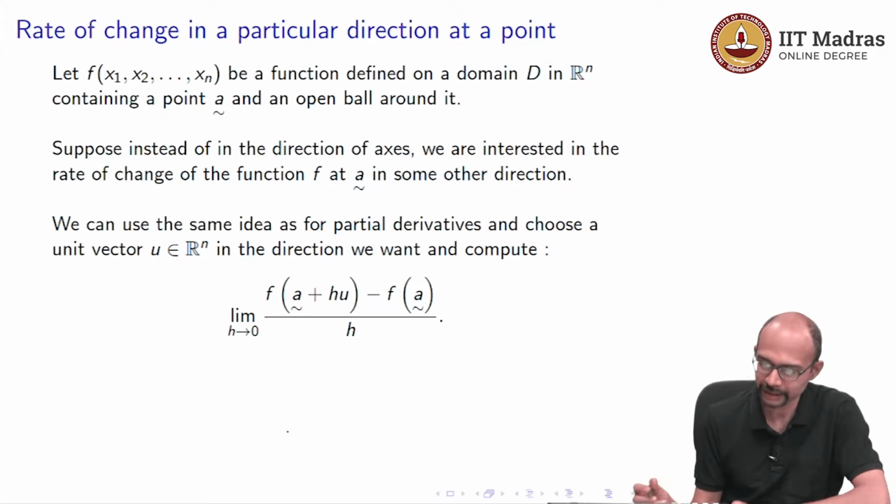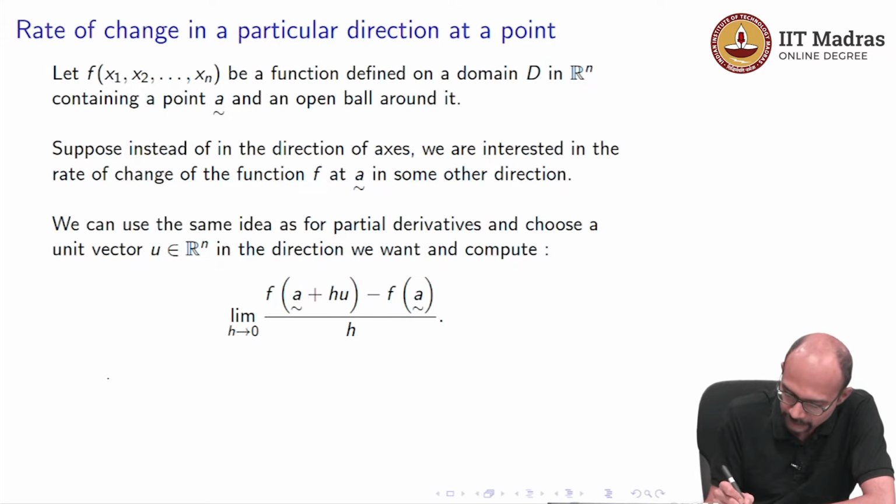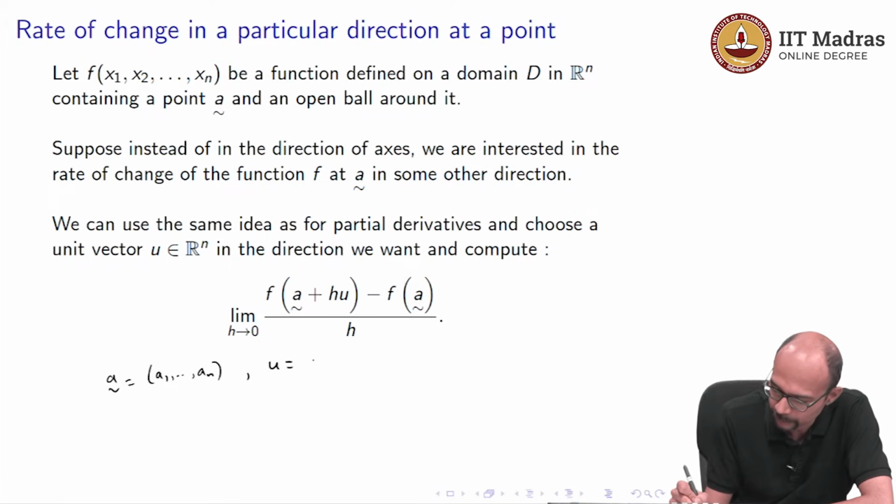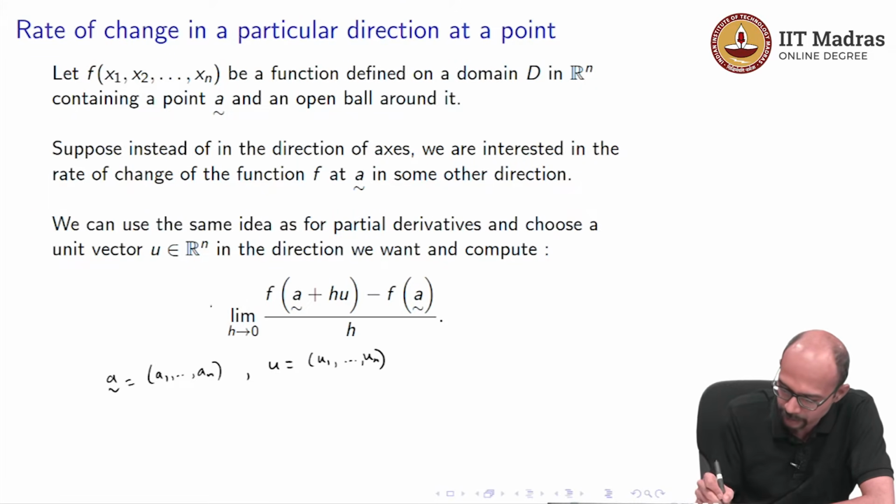So, to spell this out explicitly, if a tilde has coordinates a1, a2, ..., an, and u has coordinates u1, u2, ..., un, then what is this expression?